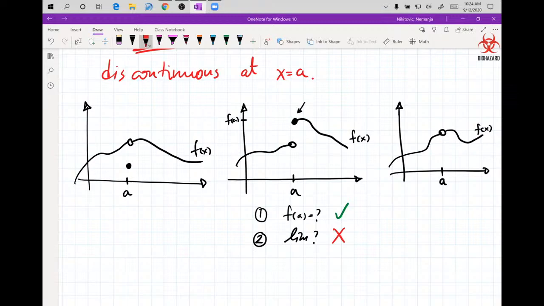Because approaching from the left, you are getting this value. Approaching from the right, remember Romeo and Juliet? We get this value. They are not the same y value, and by the first theorem we learned, when the two side limits do not match, then the overall limit does not exist. So it failed the second rule.